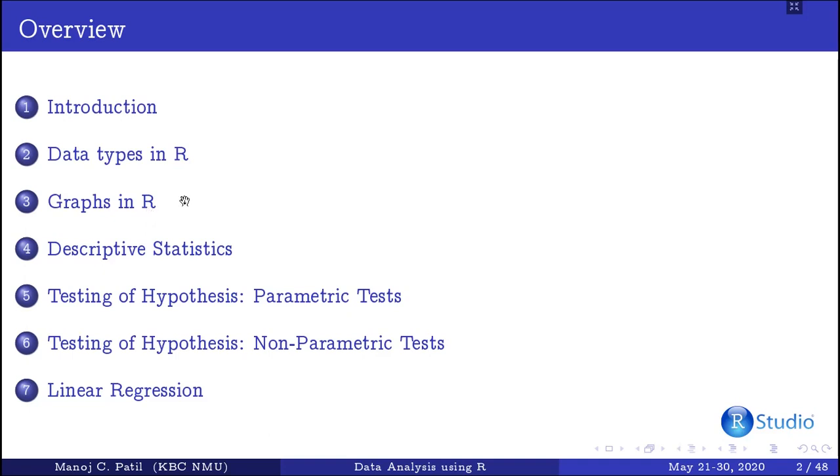Then a brief introduction to the descriptive statistics functions available in R, and then testing of hypothesis related with parametric tests, which include t-test and proportion test, one-way ANOVA, two-way ANOVA. And in non-parametric tests, we are going to discuss sign test, Kruskal-Wallis test, Wilcoxon test, likewise, and a simple linear regression model. Okay, let's move.